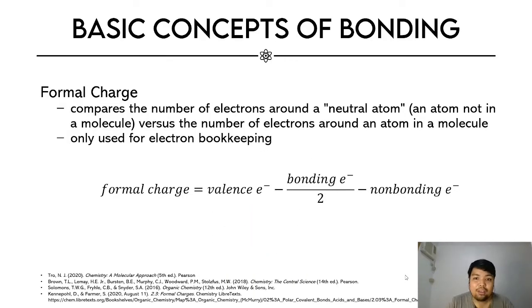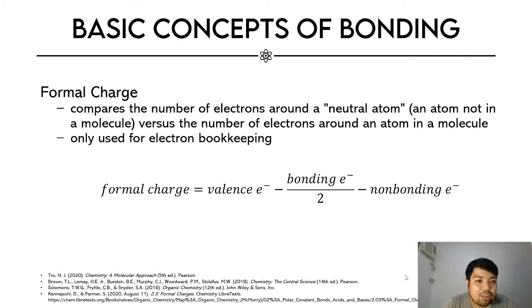So for this video, we will be discussing an essential concept for drawing Lewis structures, which is formal charge. Formal charge, by definition, is a comparison of the number of electrons around a neutral atom in its ground state versus its number of valence electrons when it is bonded in a molecule.